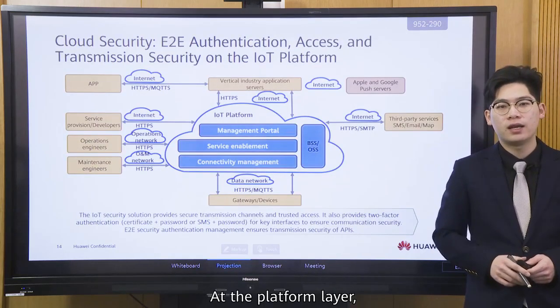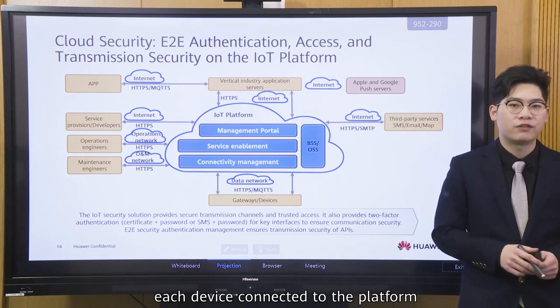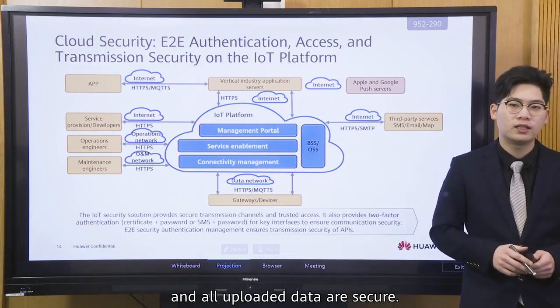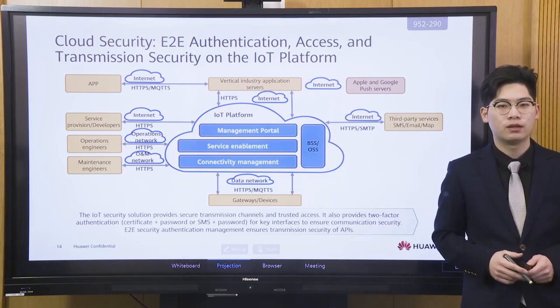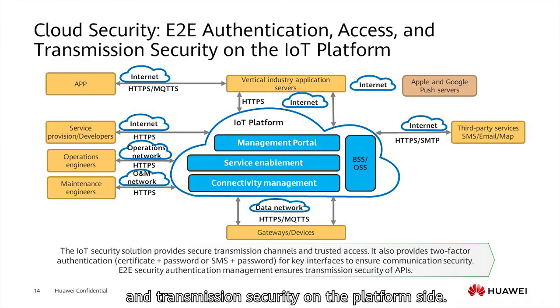At the platform layer, authentication is used to ensure that each device connected to the platform and all uploaded data are secure. We carry out E2E authentication and transmission security on the platform side.